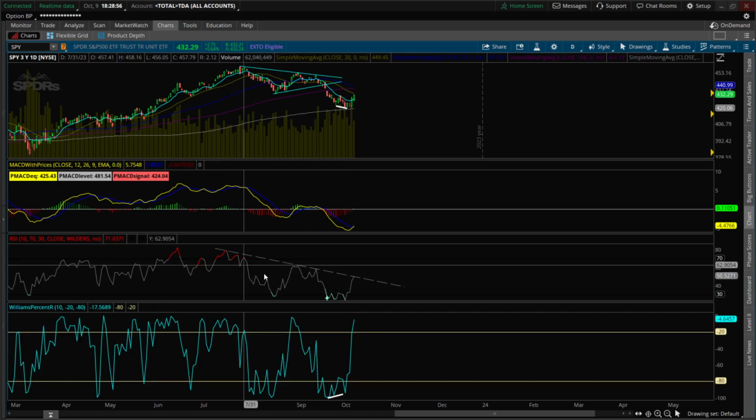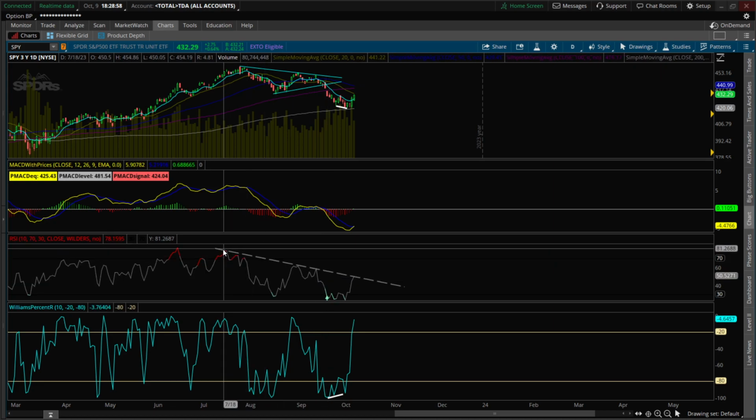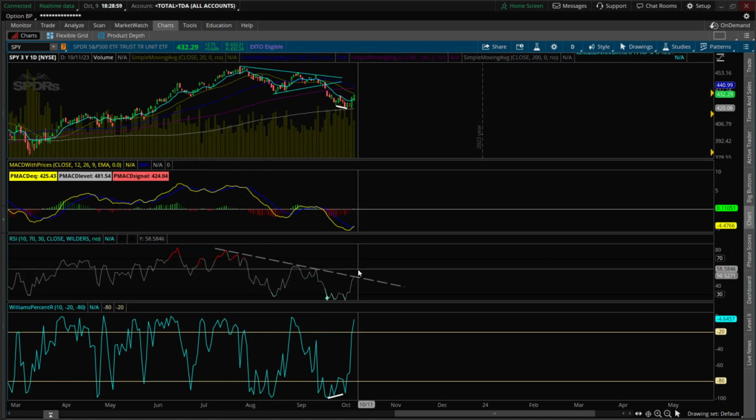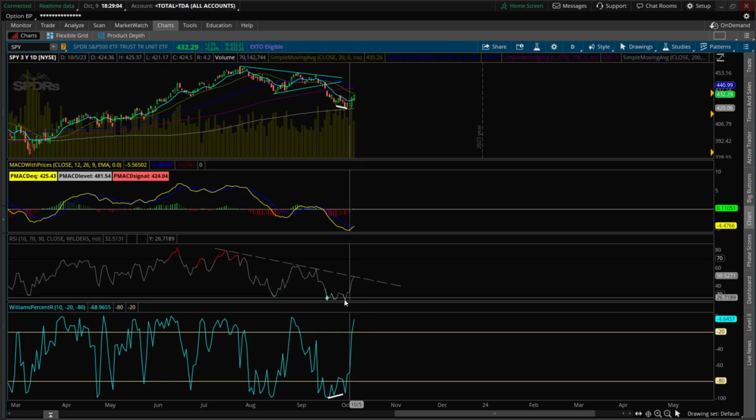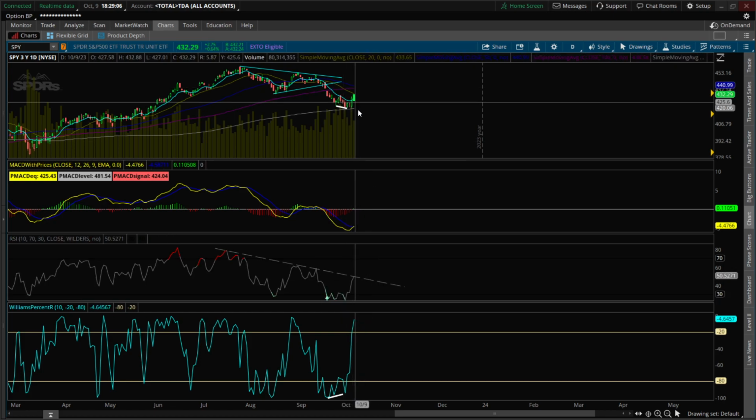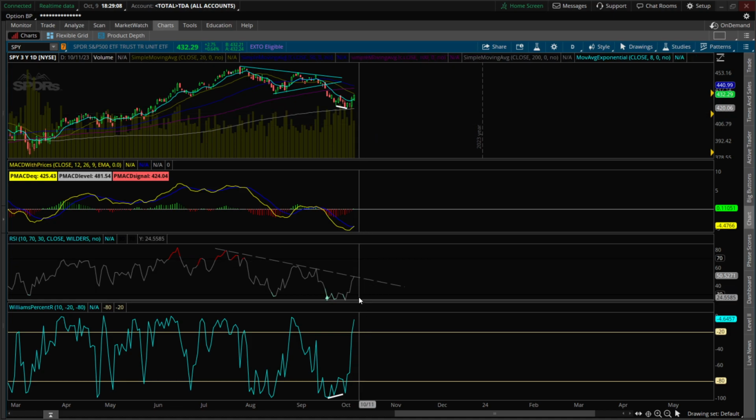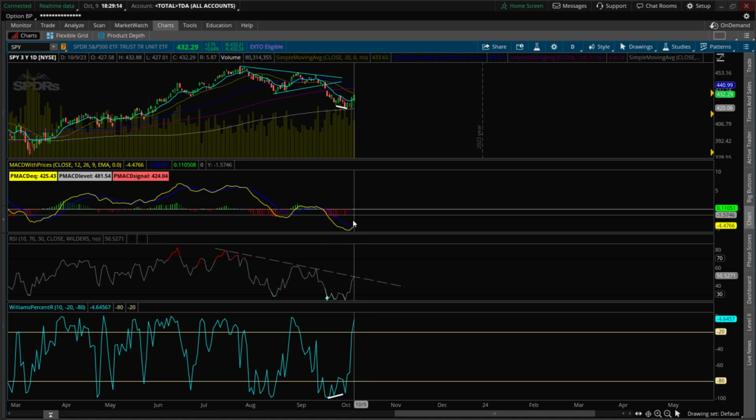Look at the RSI in comparison. We have a downtrend, and we're right against that downtrend line. I do think we go down and get a little bit more divergence, with lower lows in price and higher lows in the RSI. That's what I'm looking for. We're trying to get a crossover here on the MACD, we have a slight green histogram there. So we're trying to get a move up here, a bullish cross on the MACD.